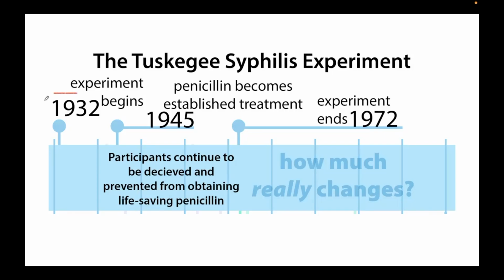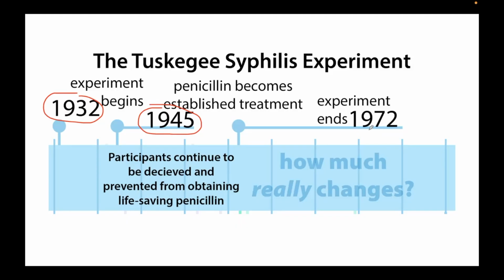The experiment began in 1932. So they recruited African-American patients. They basically had syphilis. They were not told they had the disease. Penicillin was established as a treatment as early as 1945, and even to this day, the drug of choice for the treatment of syphilis is penicillin.